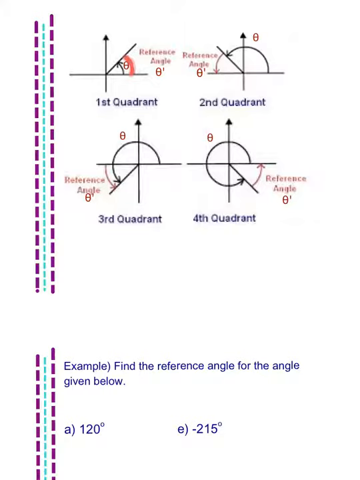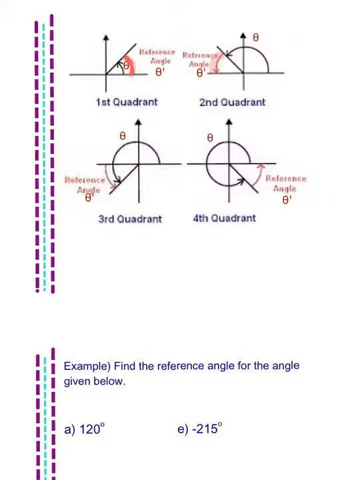Now let's say that the terminal side lands in quadrant 2. If the terminal side lands in quadrant 2 and you go terminal side to x-axis, this little piece right here is the reference angle. Notice it's always terminal side to x-axis. Reference angles are always acute and they're always positive. In the second quadrant, it's always how much more do you need to get to 180? Like how much more do you need?